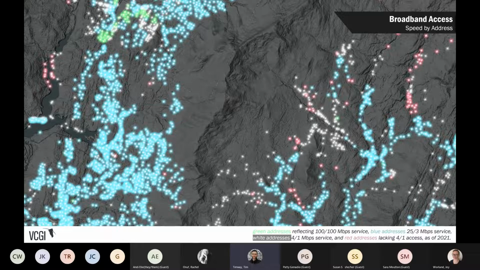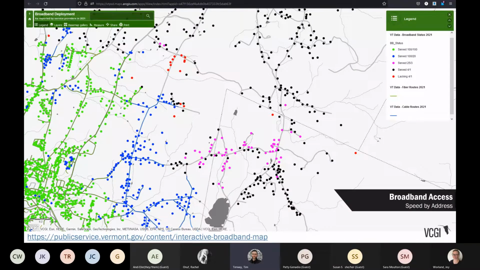So those green points on the map reflect the best, which is 100 by 100 megabytes per second service. Blue are 25/3. White dots are 4/1, and red addresses lack even 4/1 access as of 2021. So they make available tools in raw data format, as well as web applications that display the best known broadband access at an address level across the entire state.